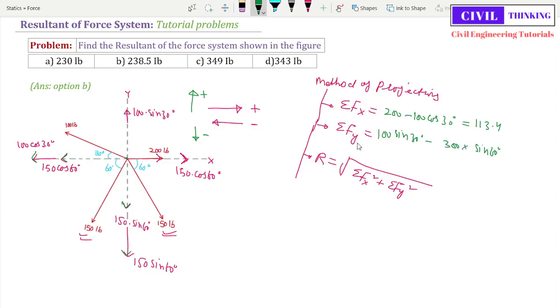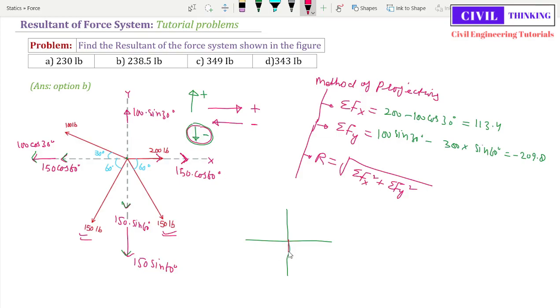Let me use a calculator to find how much it is. It is negative 209.8 pounds. So what does it mean, negative? As you know, the downward forces are negative, it was my assumption.